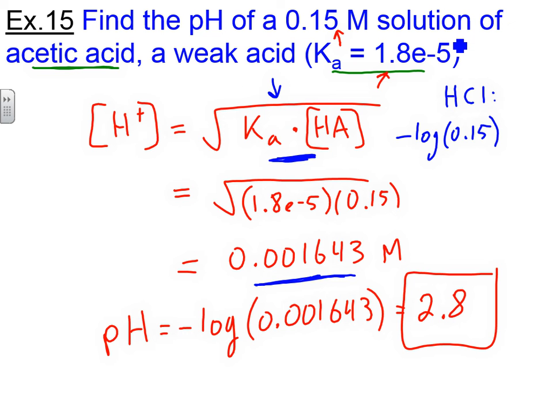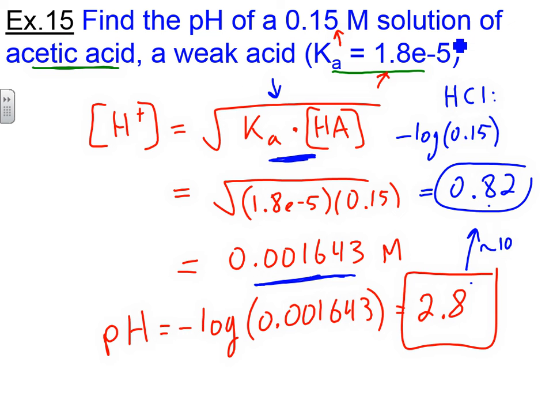And if you were to negative log 0.115, you'd get a pH that's 0 point something, wouldn't you? If we negative log, you actually get 0.82 for the pH, quite a bit lower. Remember, the difference between here and here is not a little bit, it's 100 times bigger. 2.8 to 0.8 is about 100 times.